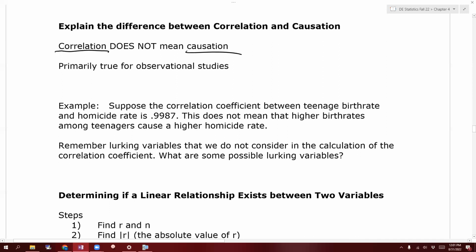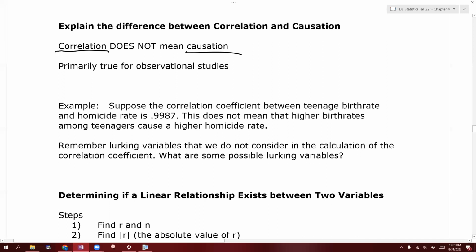I kind of gave away the answer, but the answer is there's a lurking variable, and that lurking variable is temperature. As temperature goes up, that increases ice cream sales. And so that is why the ice cream sales go up.